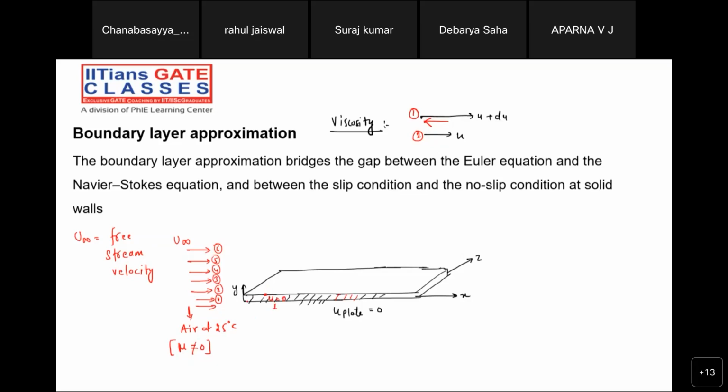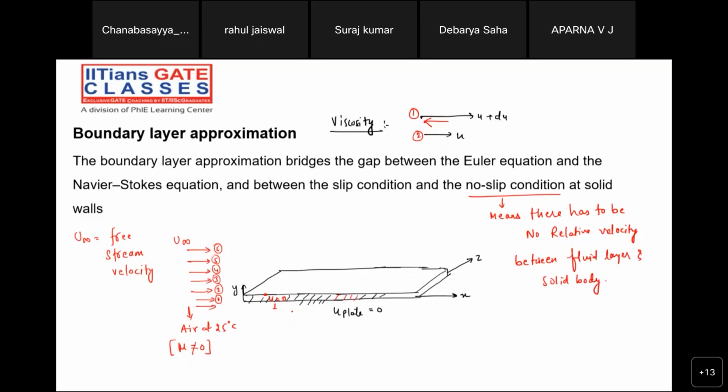Why? Because of the no slip condition. What is the meaning of the no slip condition? No slip condition means there has to be no relative velocity, zero relative velocity, between the fluid layer and the solid body.